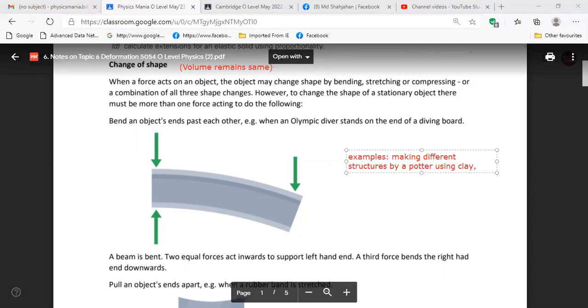Then bending an iron rod. Then stretching a rubber band, etc. So this part is done. Change of shape. We are done with this part.